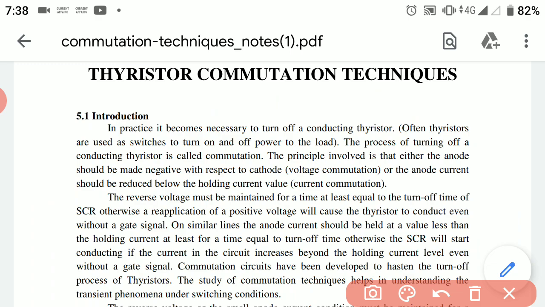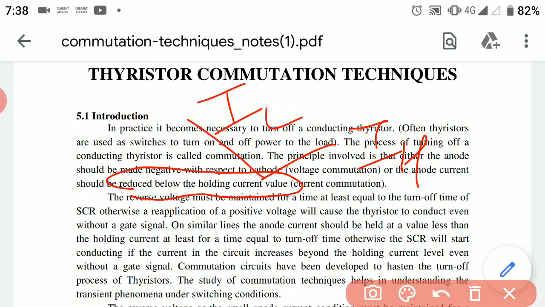Now, the second method is to reduce the holding current value. In a thyristor, there are two kinds of current. First is known as holding current, and second is known as latching current.